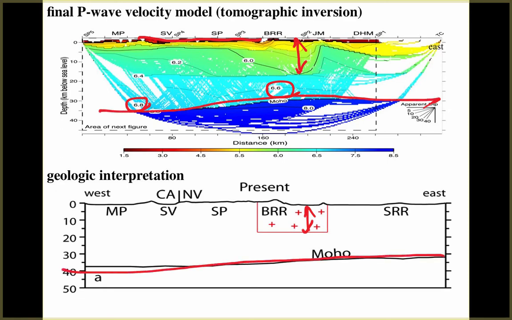And in this example, across the California-Nevada border in the northwest Basin and Range, measuring the crustal thickness and how it changes, identifying this relic of the Sierra Nevada batholith were important conclusions from this study.